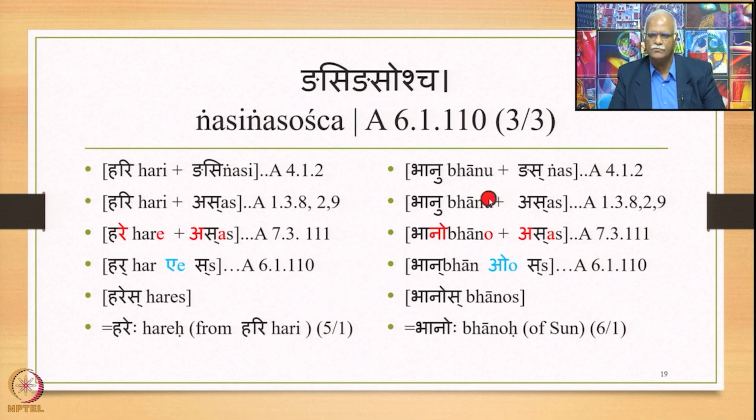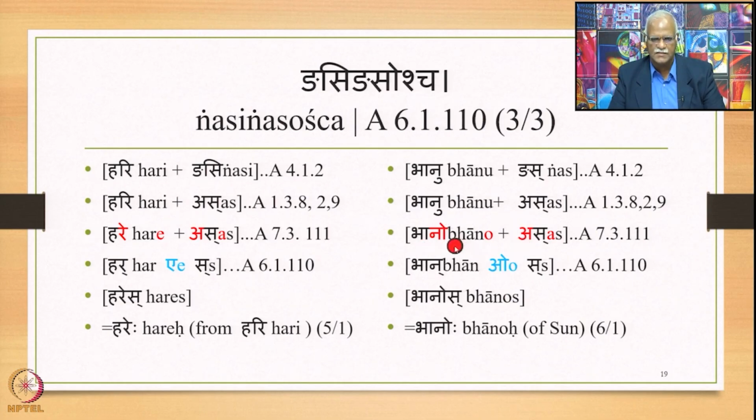Now let us go to the 6/1 of Bhanu, where we have Bhanu plus Ngas, and here we have 4.1.2 applying, then the it-samjna and lopa happens, so we have Bhanu plus As. Now once again Gher Ngiti applies, 7.3.111, and this U is substituted by O, so we have Bhano plus As.